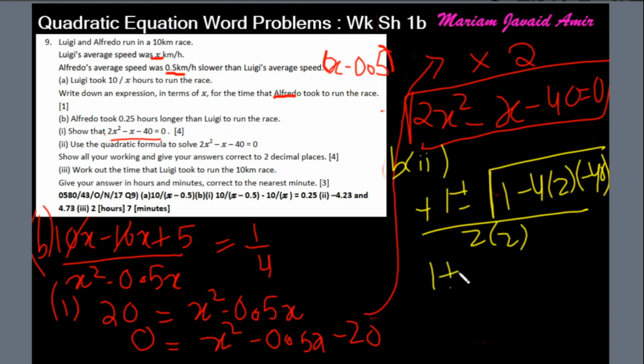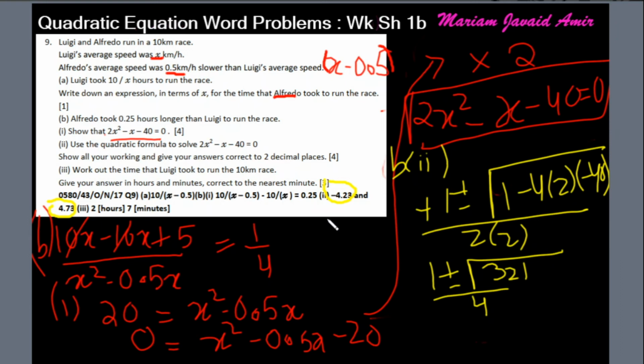So 1 plus minus under root 1 plus 4 times 2 times 40, which gives us 321. 4 times 2 times 40 plus 1, yes, 321, over 4. And 1 plus under root 321 over 4 gives us 4.73 rounded off answer, and the negative will give us minus 4.23 rounded off answer.